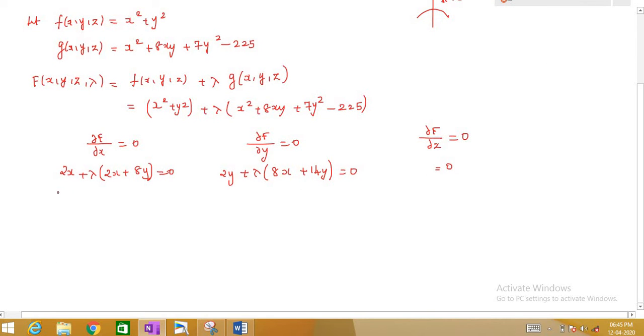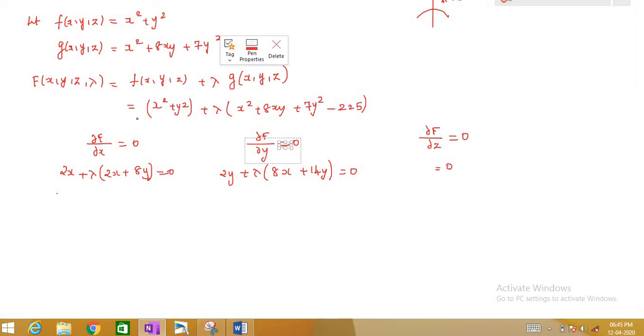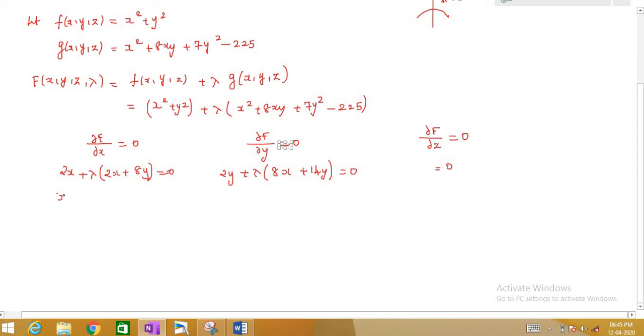When I simplify this, I can take 2 common and equate this to 0. So I can write this as x plus lambda times (x plus 4y) is equal to 0. Again I can take 2 common here, so this will be y plus lambda times (4x plus 7y) equal to 0.